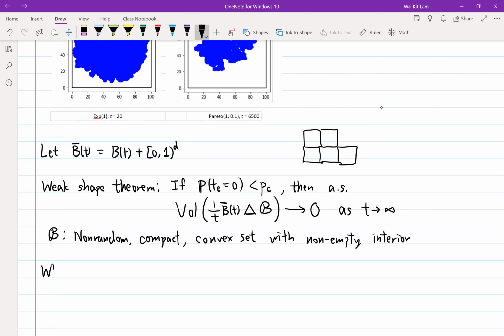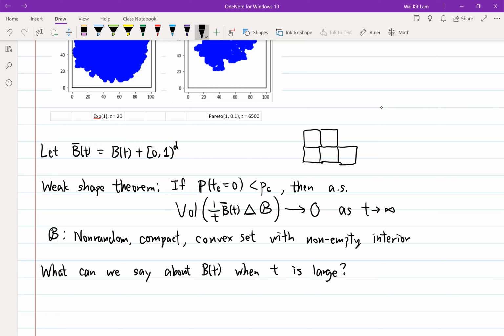So what can we say about this B_t when t is large? We know that it converges to some limiting shape, but it is also interesting to study what B_t looks like without taking limits.